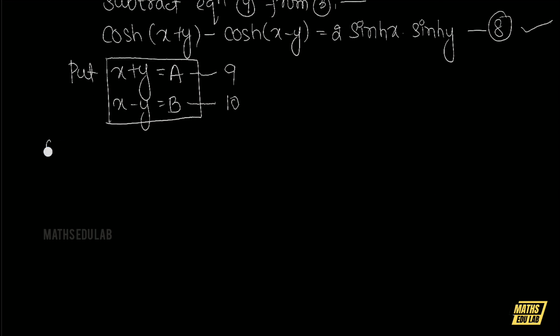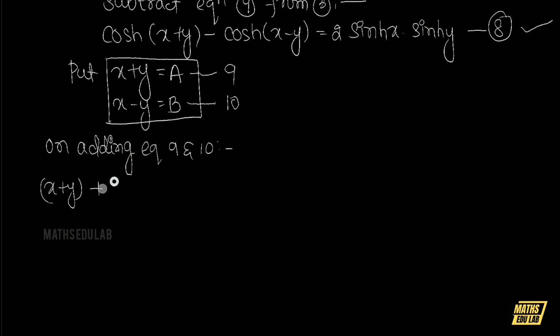So on adding equation 9 and 10 will become x plus y plus x minus y, which is equal to a plus b, since we are adding those two equations.